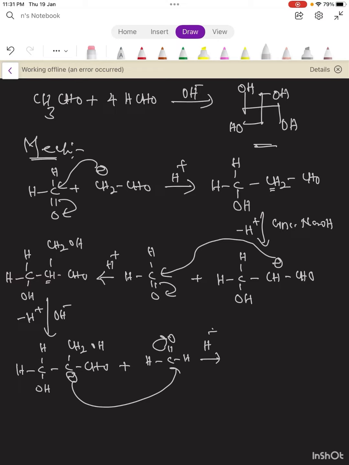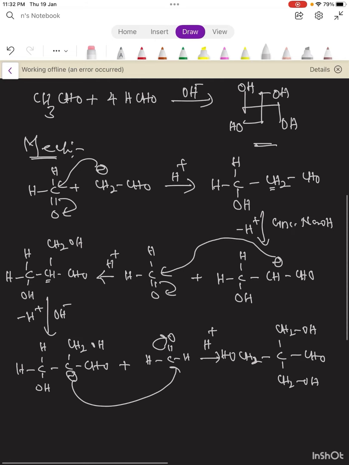In the presence of H plus, we will get the compound, that is CH2OH, C, CH2OH, CHO, and here CH2OH. So this is the compound.